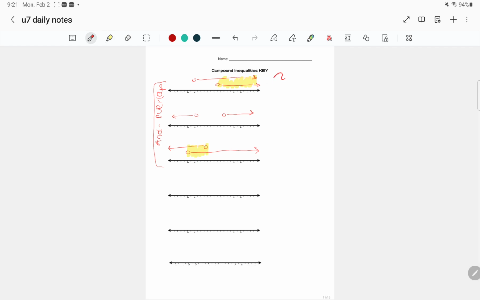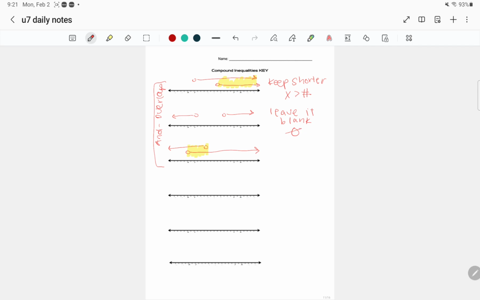So this was my keep the shorter. And we're going to say X is greater than or X is less than something, whichever one the shorter one was, right? If I have no overlap, then I leave it blank. And in my inequality notation, I put the no solution symbol.